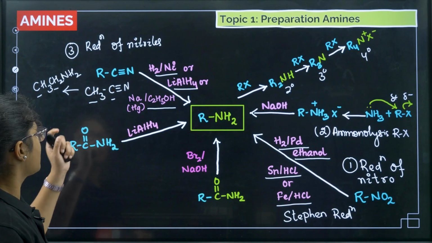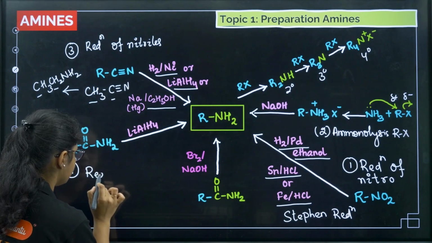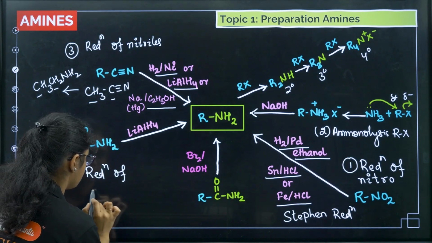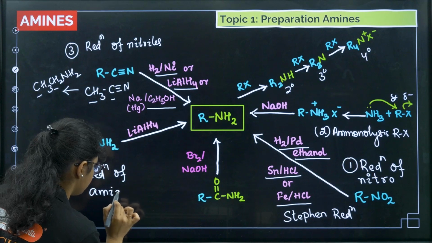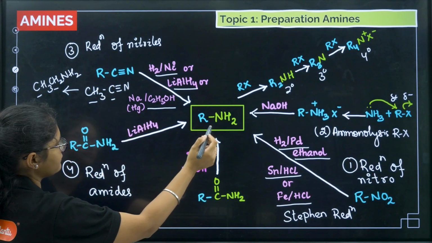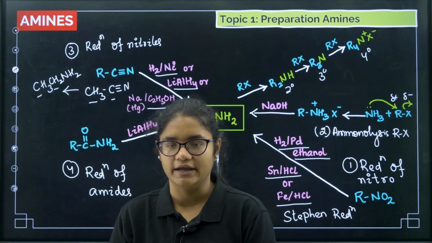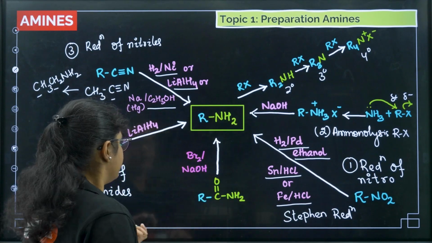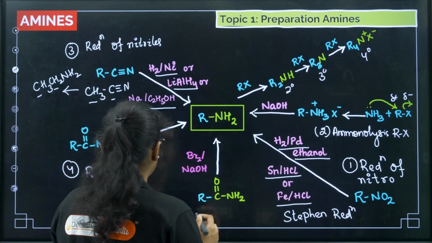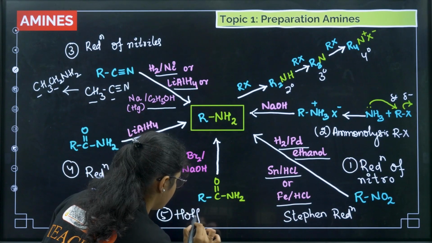Okay. Now coming to the fourth one, that is reduction of amides. RCONH2 with LiAlH4 will again give you RCH2NH2. Clear? Next, coming to your name reaction, that is Hoffmann bromamide degradation.